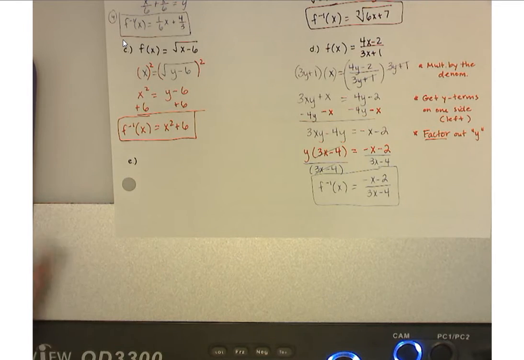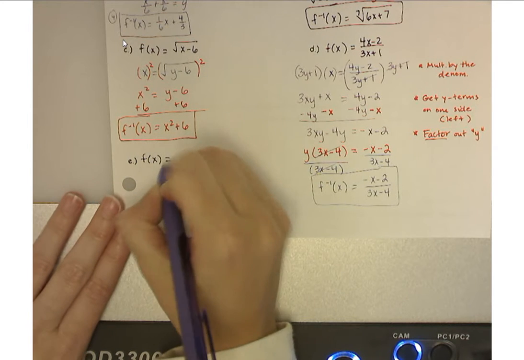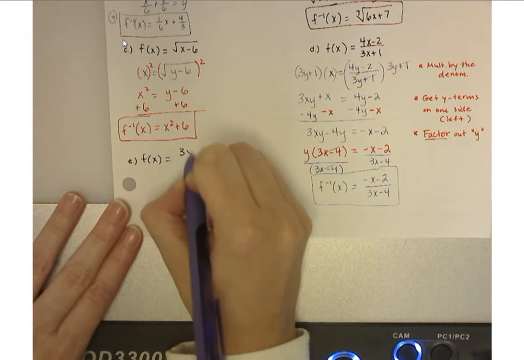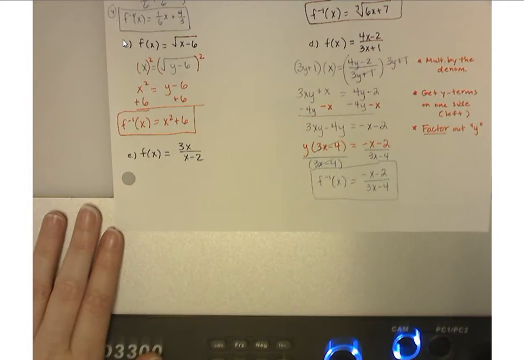Okay, so then I'm going to have you do e. E is another rational function. So I'm going to have you do that. And then when you're done, you can check that with your group to make sure you guys all got the same thing.